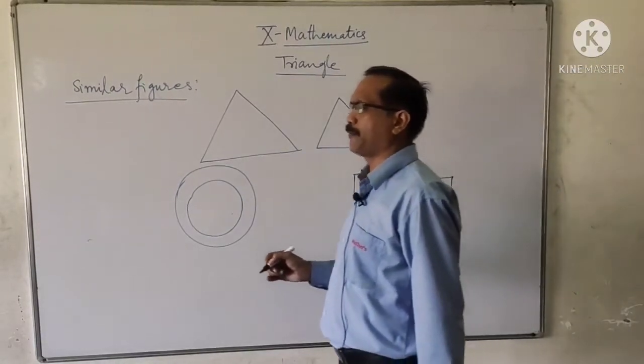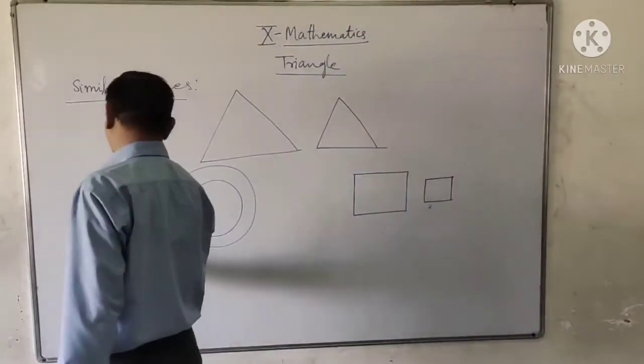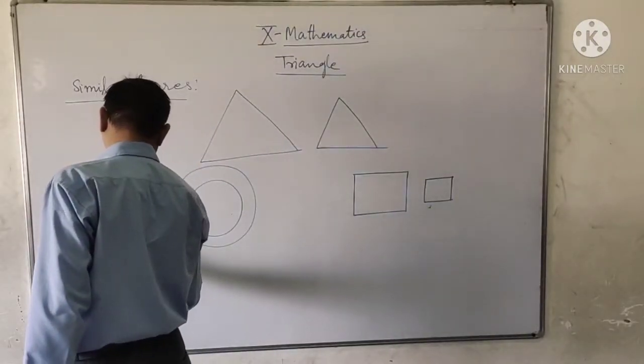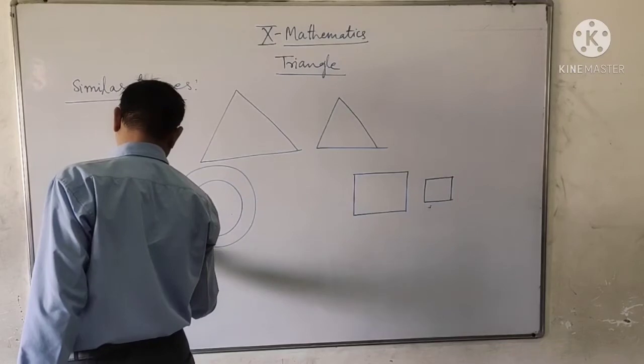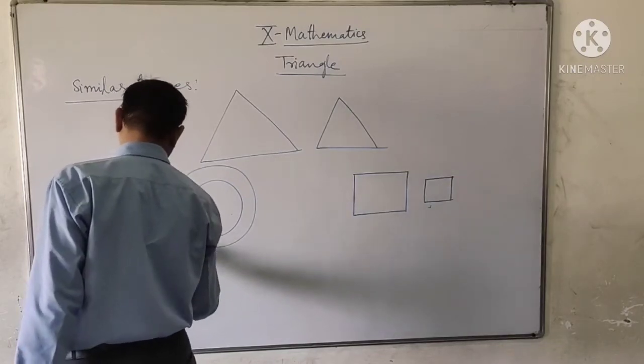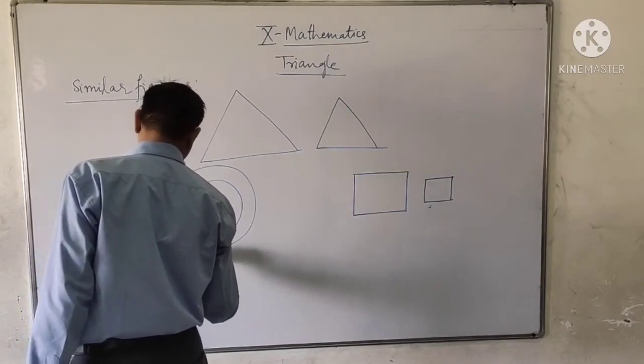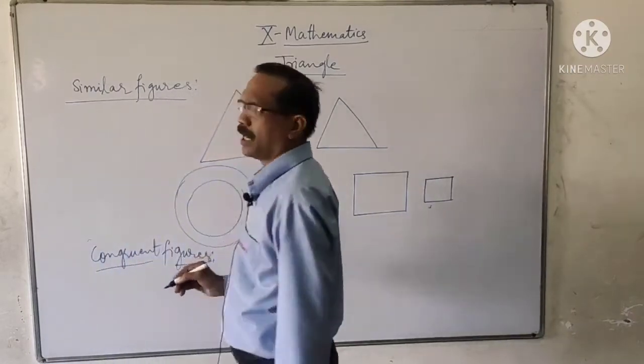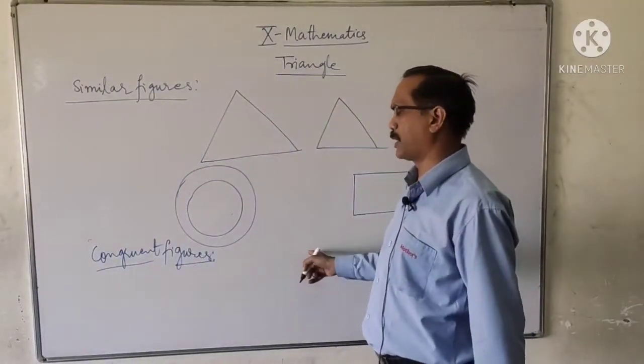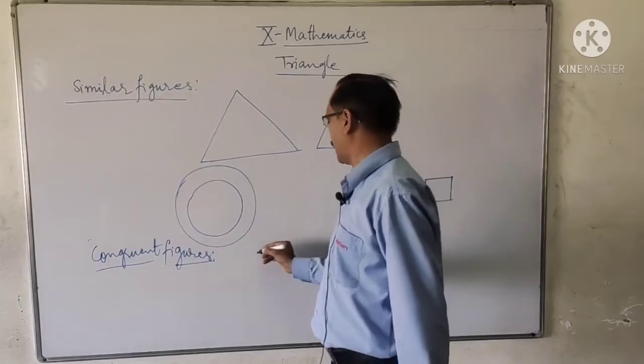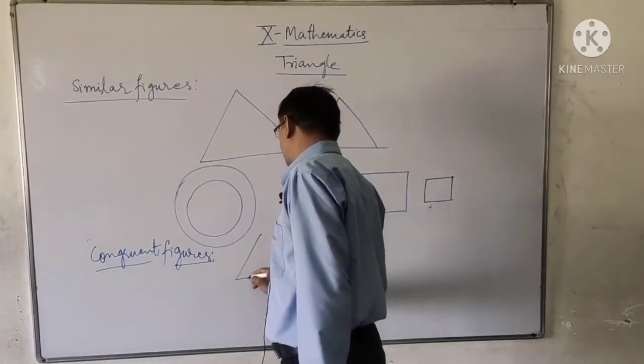Now a congruent figure, where the size is also the same. Congruent figures. In 9th standard, I hope you have learned about congruent figures. In that, there are two triangles of the same size.